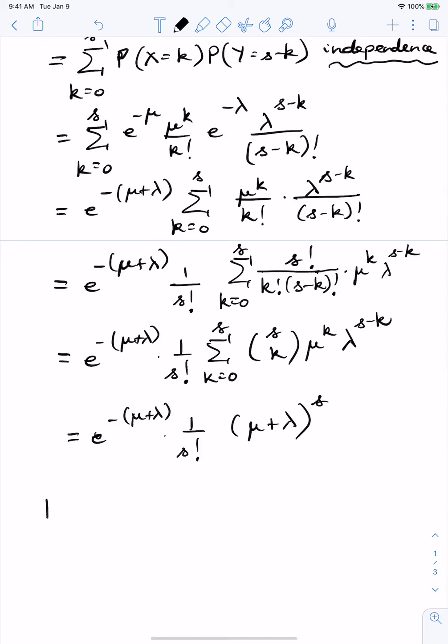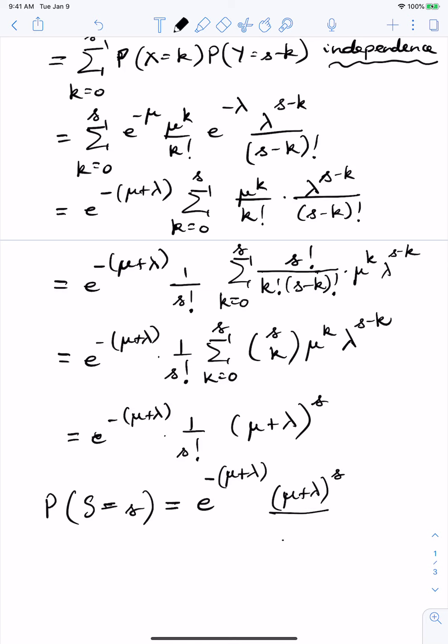And so what we have ended up with is the chance that our sum is equal to s. That is e to the power minus mu plus lambda, to the power s, over s factorial.